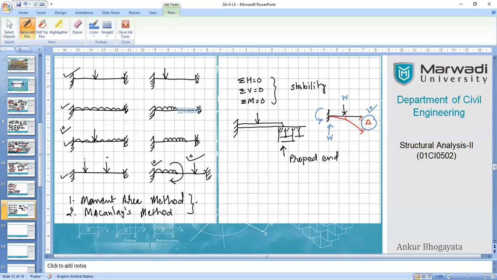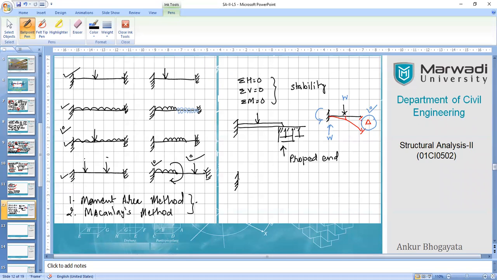Because you have provided an equal and opposite support reaction at that particular free end of the cantilever. So now the distribution of shear force and bending moment will not be similar to the earlier case where the structure was freely extending. Since you have converted the nature of the structure, its structural behavior also gets affected.